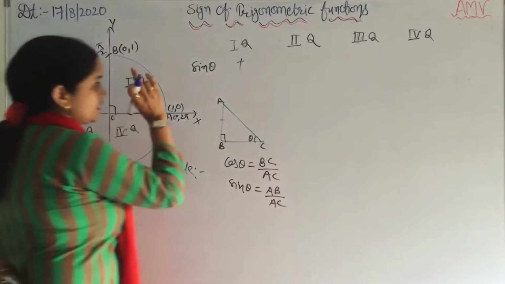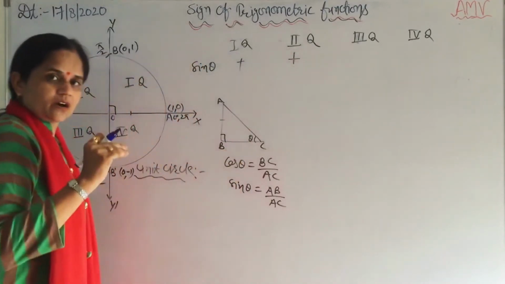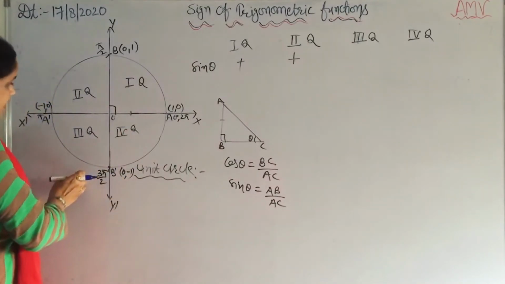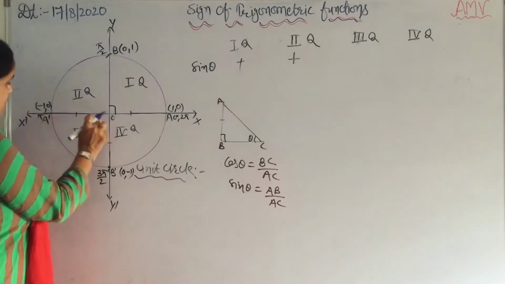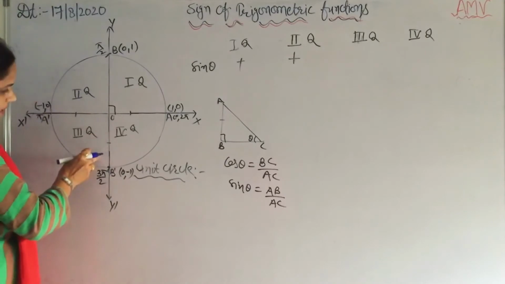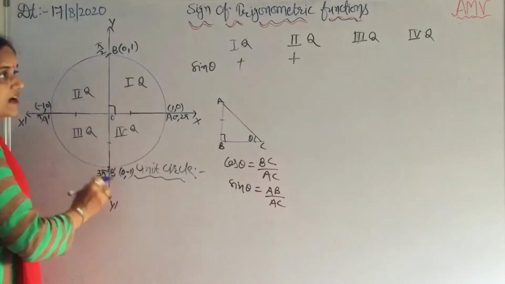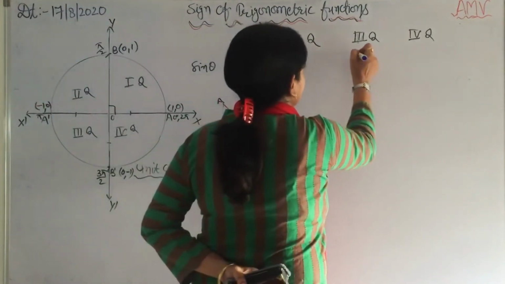So in the second quadrant, sine is positive. Now come to the third quadrant, with sides OA dash and OB dash. OB dash is the negative y-axis, so in the third quadrant sine theta is negative.